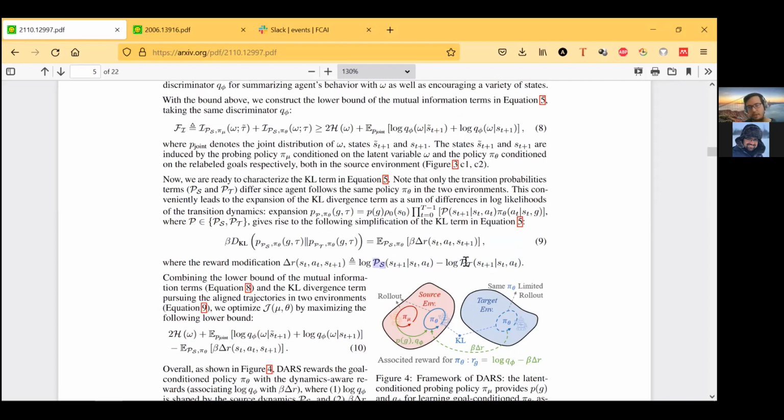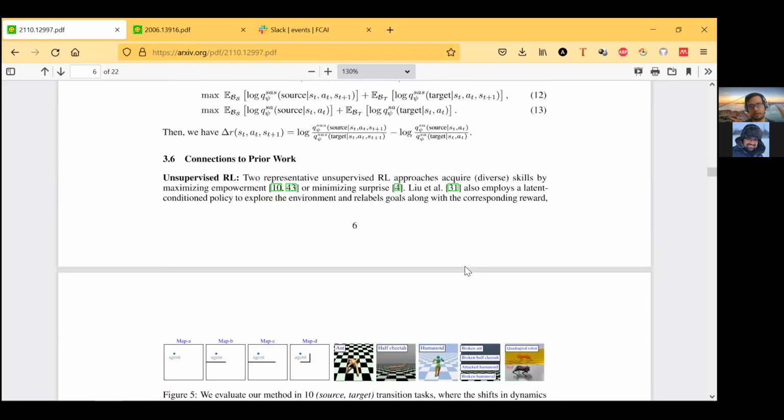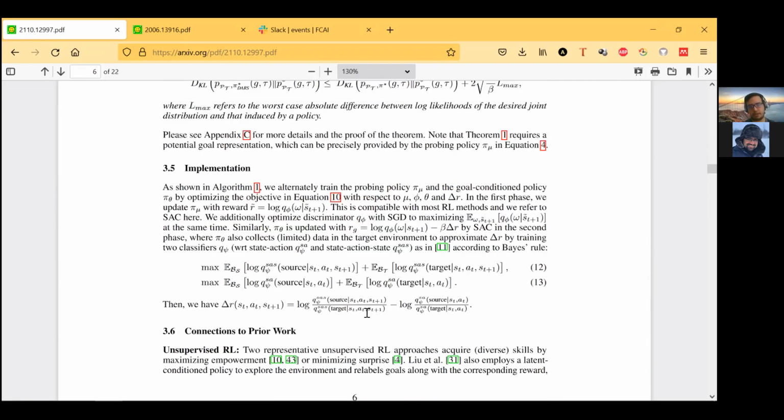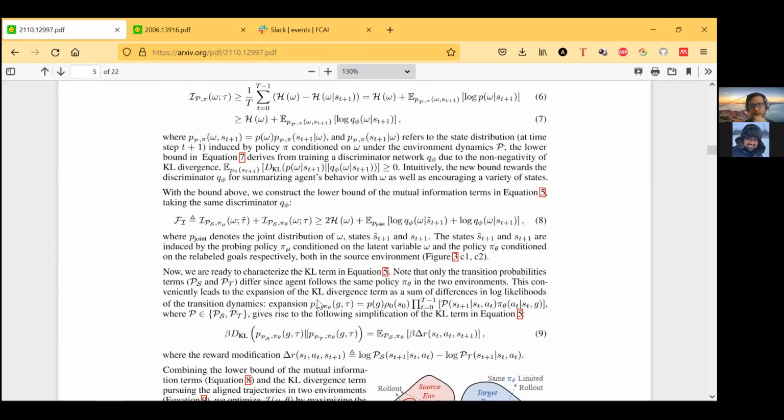And here it's the same: the probability of going to s_{t+1} given s_t, a_t, and being in the target environment. But what they learn is kind of reversed. Not predicting the next state, but predicting whether you are in the source or the target from s_t, a_t, s_{t+1}, and s_t, a_t.